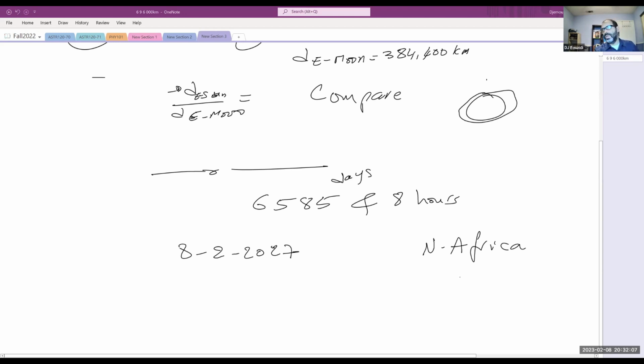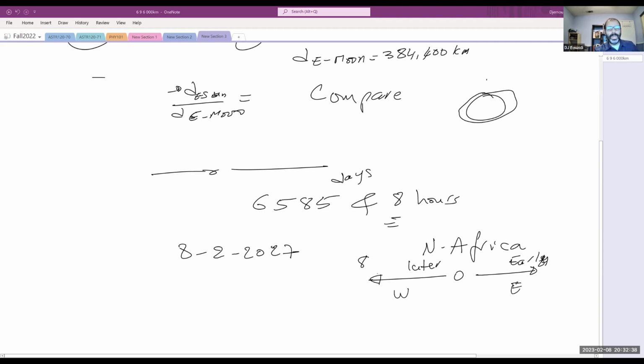North Africa, at least that region, is on Greenwich time, so it's going to be at 0 hours. Then it's 8 hours later on this side and 8 hours earlier on the other side. This is west, this is east of Greenwich.